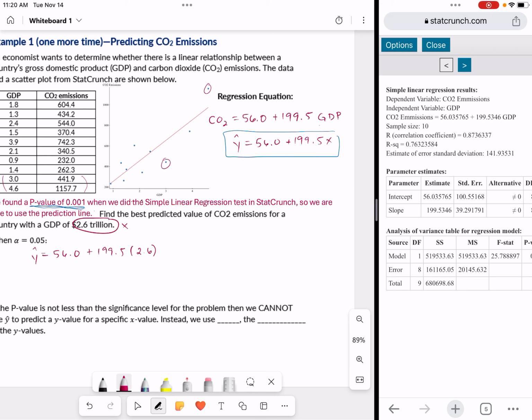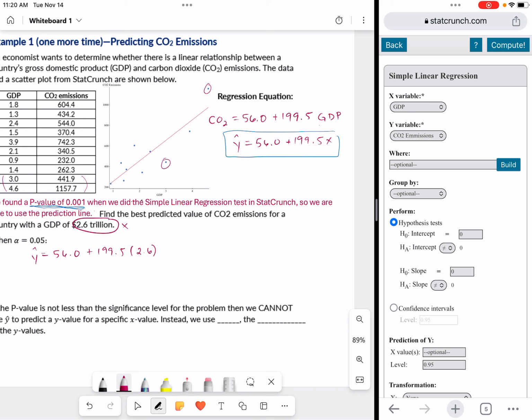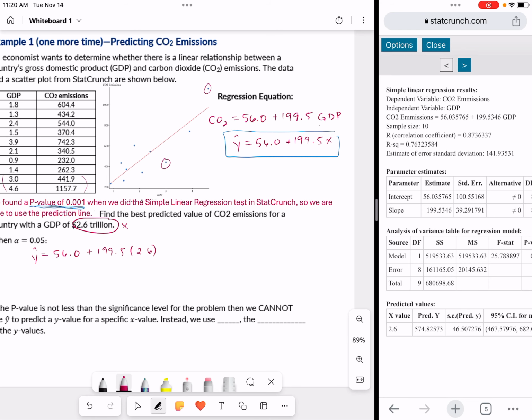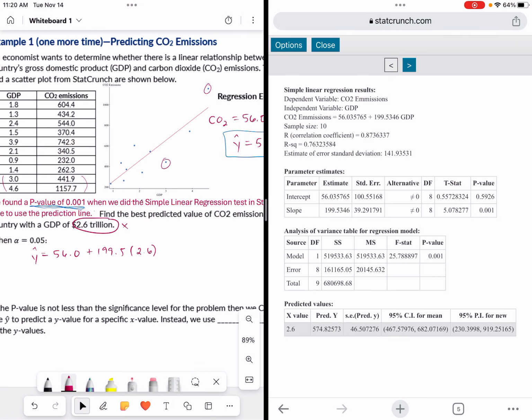Now you can either put that in the calculator, or StatCrunch comes in to save the day again. We can actually, if we know what we need to predict, we can put that in. See where it says prediction of y there at the bottom. I can put in 2.6 and then click compute, and we get an extra table here at the bottom, and it's going to give me an x value and a predicted y value. I don't really care about any of those other numbers, right?